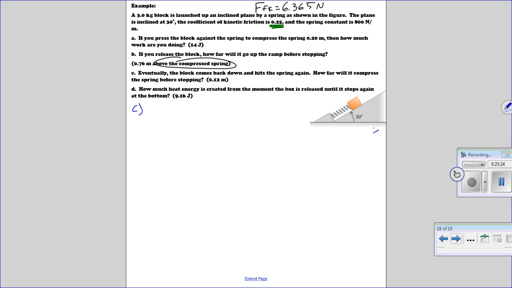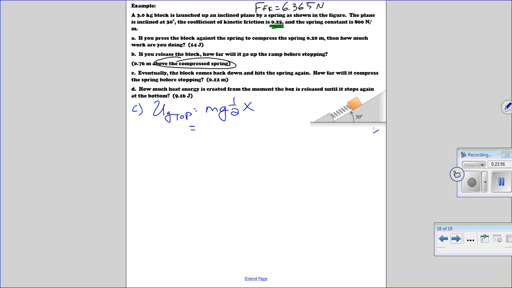The idea is, if you go back, oh shoot, I wish I hadn't just erased all of that. A minute ago, we had figured out that at the top, our gravitational potential energy was mg times half of x, so we had 1/2 mgx.